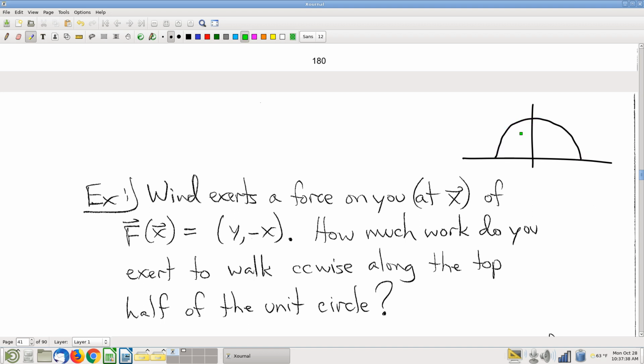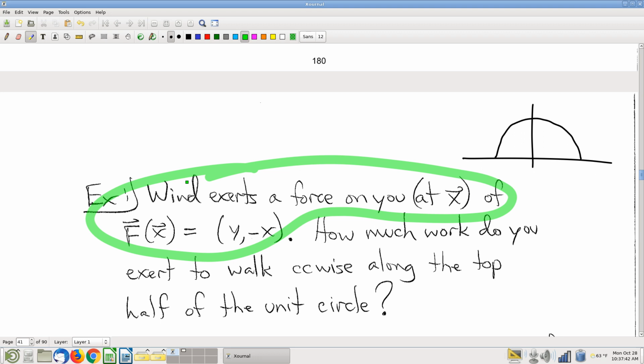So in this case, wind is exerting a force on me of an amount that I'm given. The question is about how much work do I exert? So I was given one force, and the wind's blowing in my face. I was given the force that the wind is applying to me, but I want to know how much work I exert.